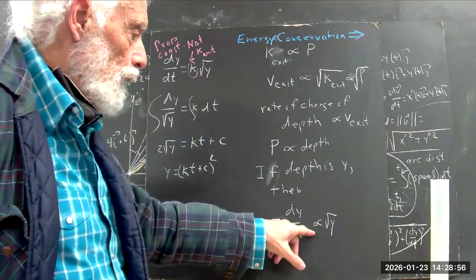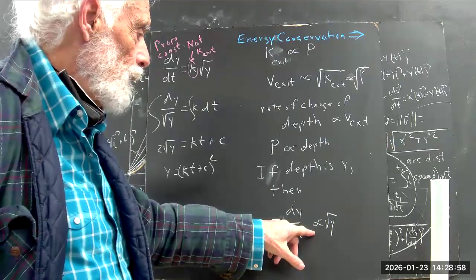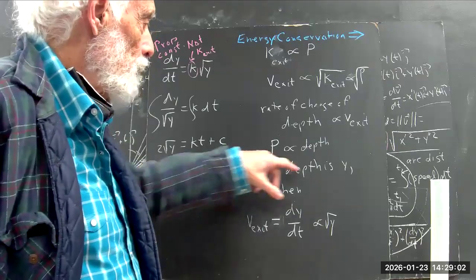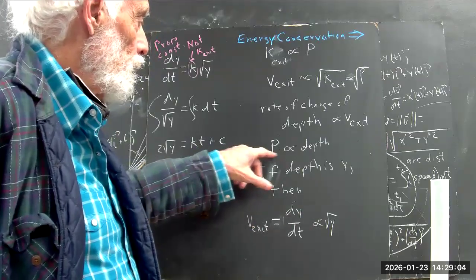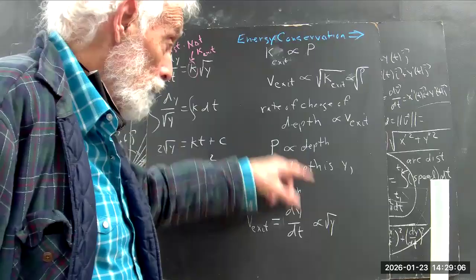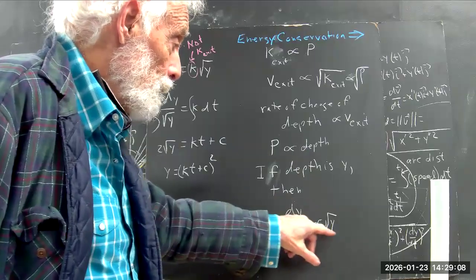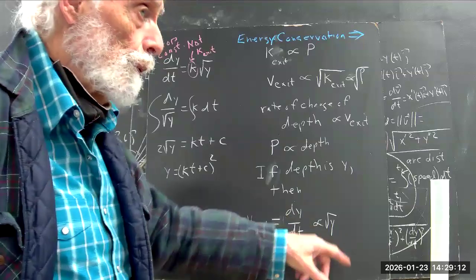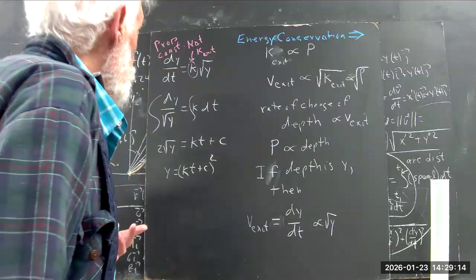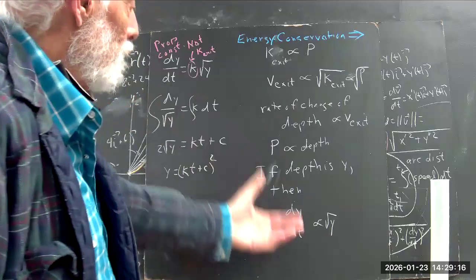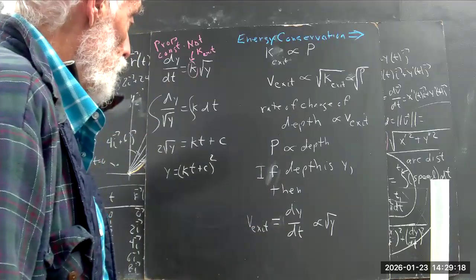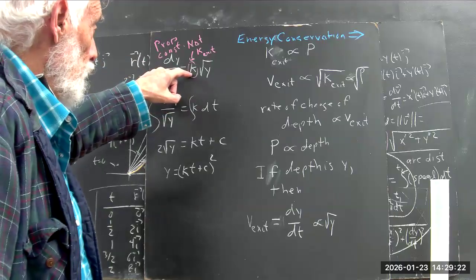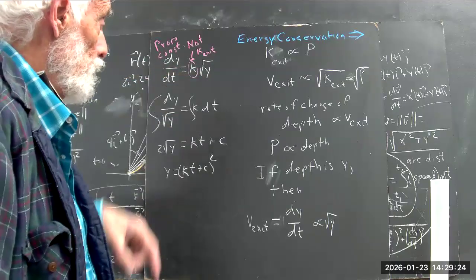And that in turn is proportional to the square root of the pressure, but the pressure is proportional to depth, which is y. So the rate of change of y is proportional to the square root of y. Now, we can write that as a differential equation. dy/dt is some proportionality constant k multiplied by the square root of y.